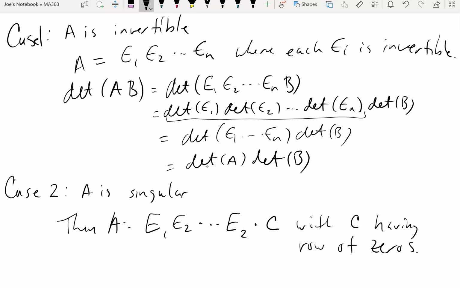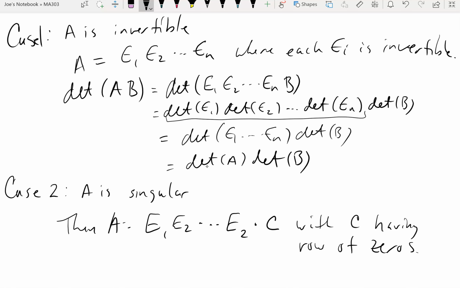Okay. What do we know about matrices that have rows of zeros? Well, you do the cofactor expansion, right? If I expanded along that row, what would happen to the determinant? 0. It'd be 0, right? So any matrix that has a row of zeros in it has to have a determinant of 0.